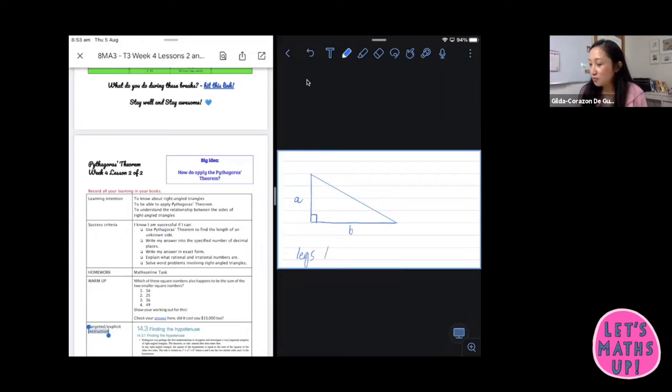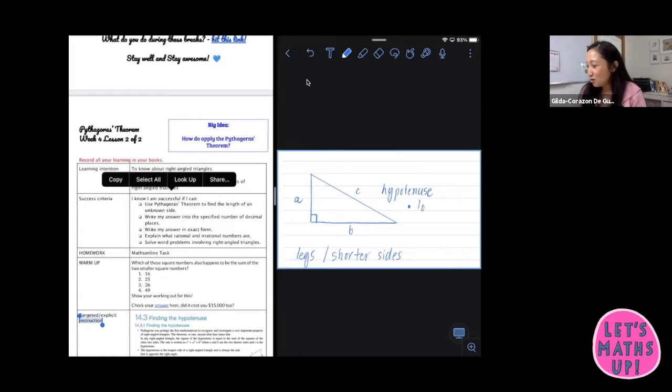Other terms for that would be the shorter sides. They are called the shorter sides because the hypotenuse, which we normally call C, is always the longest side. That's why the legs were called the shorter sides, right?